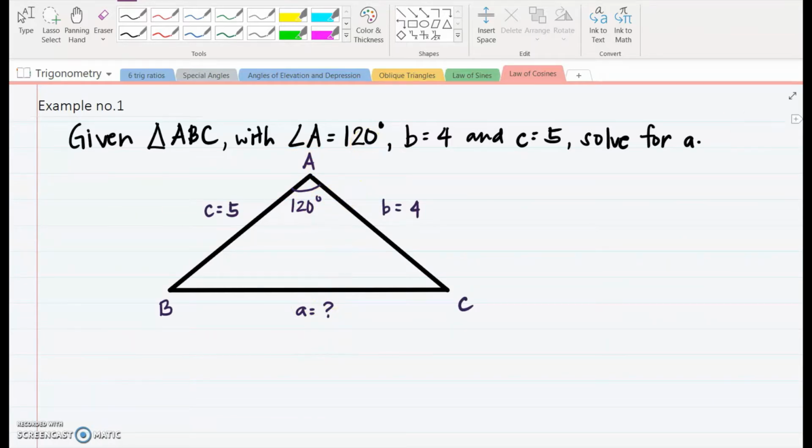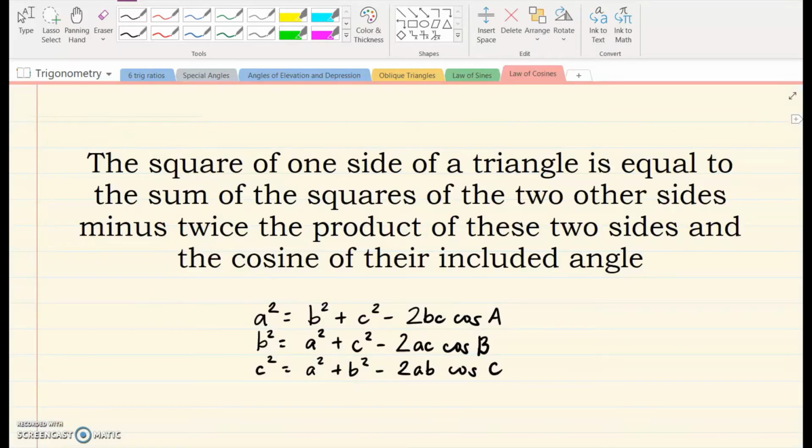So if we're going to look back at the formula, we're going to use the first one, that is a squared.